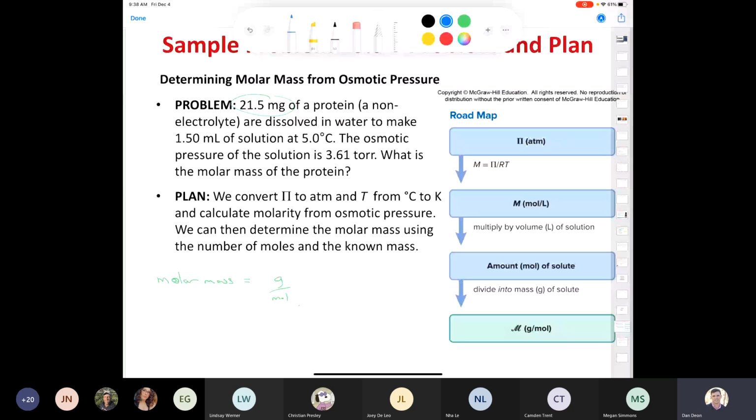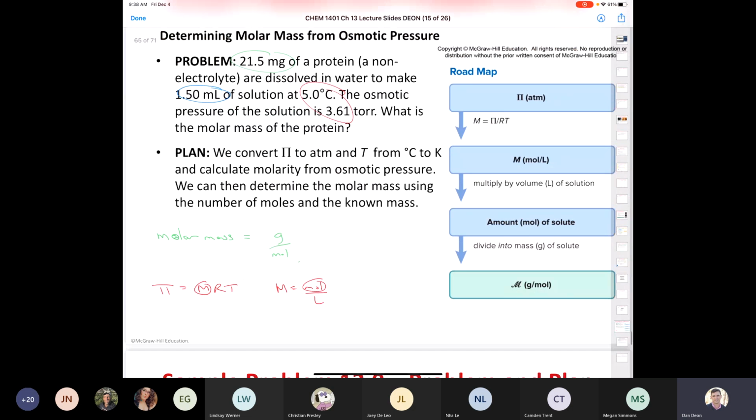If I have the volume of the solution, and I'm able to calculate the molarity from pi is equal to mRT, then I can calculate the number of moles, because molarity is the number of moles per liter. So all I have to do is solve for the number of moles: take the molarity and multiply it by the volume. Let me show you how you would do that.